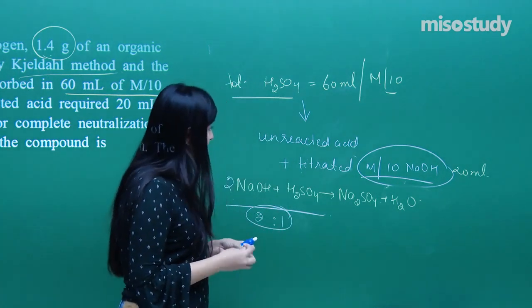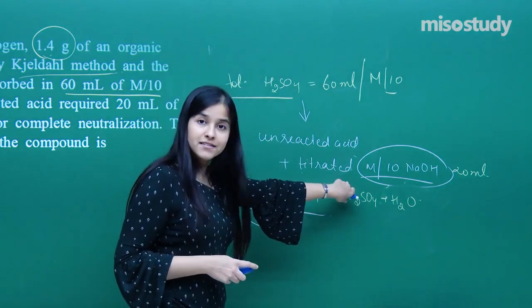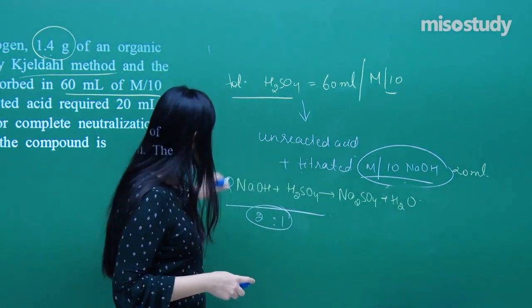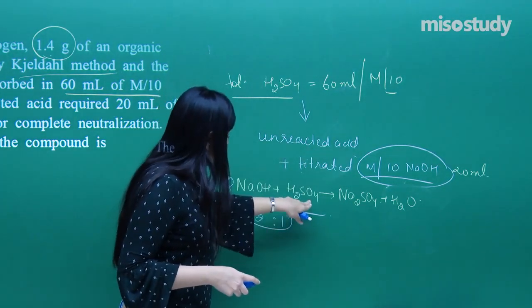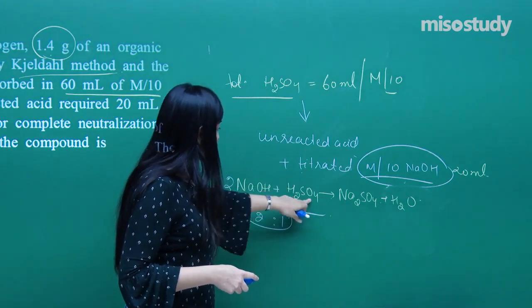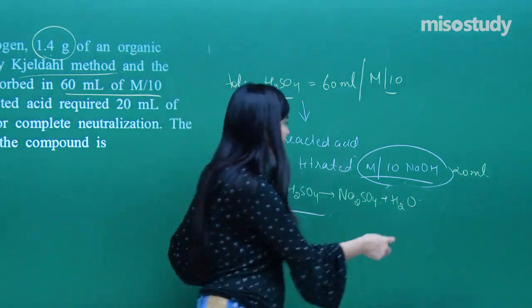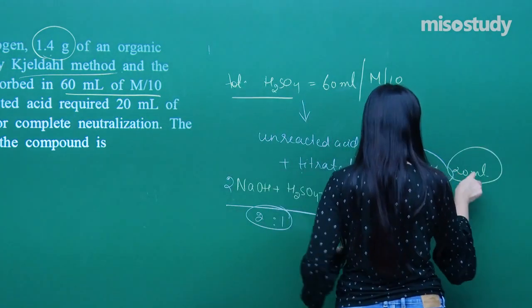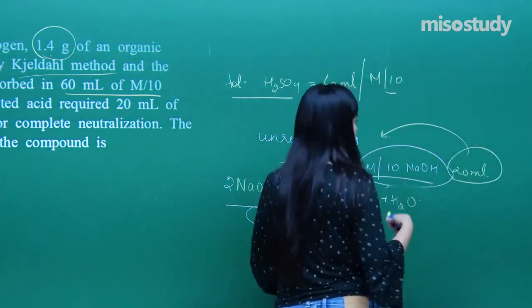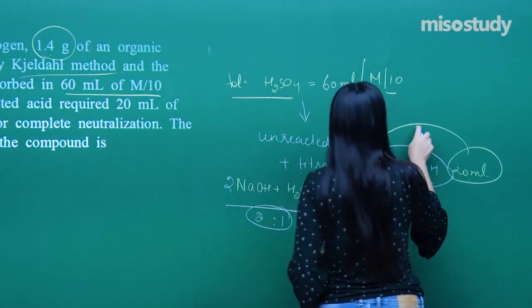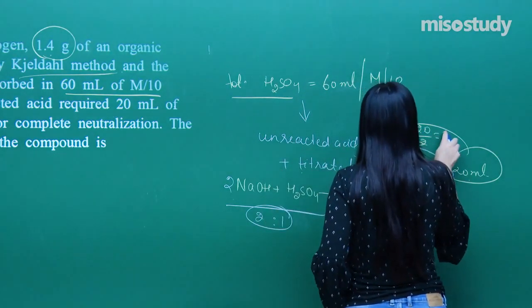So this tells us about the amount of unreacted acid. If the amount of H2SO4 reacted with NaOH is just half of NaOH, that means NaOH how much is given? 20 ml. So the unreacted acid will be just half of it. So it's 20 by 2, that is 10 ml.